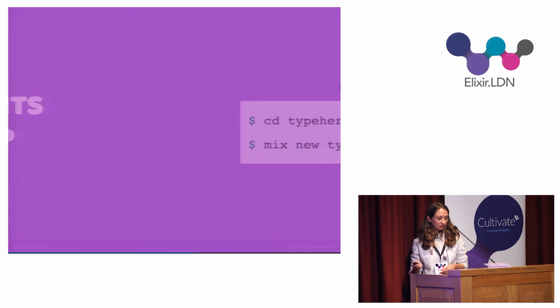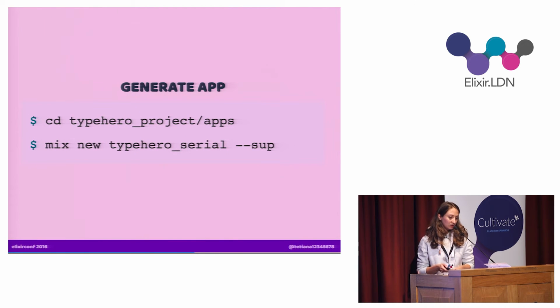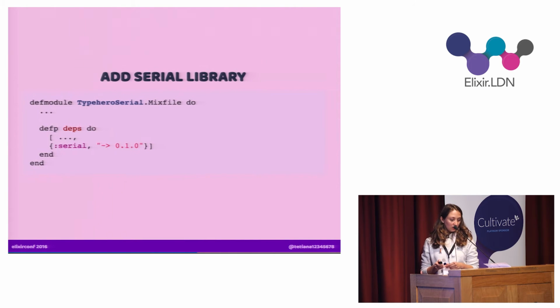Okay, the app we are missing. We need another umbrella application, which I called Type Hero Serial. I have a serial library as a dependency.